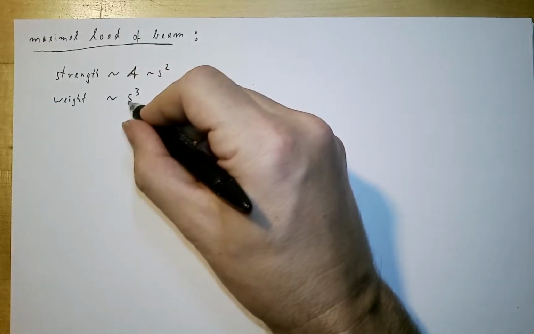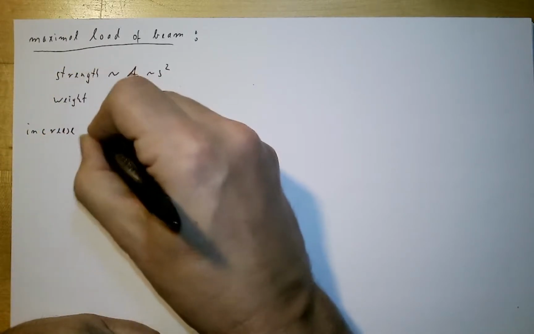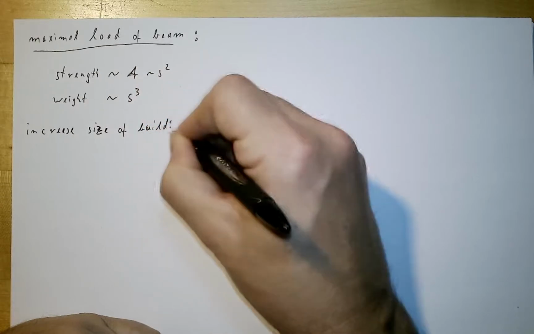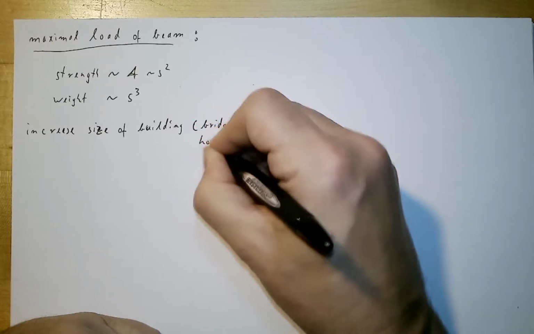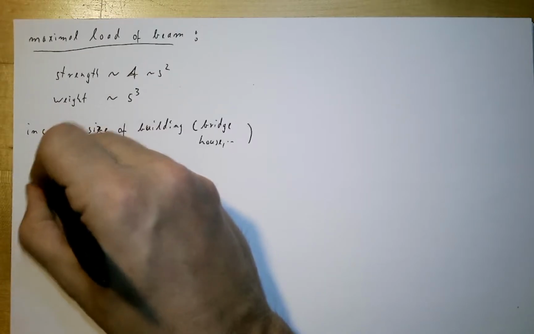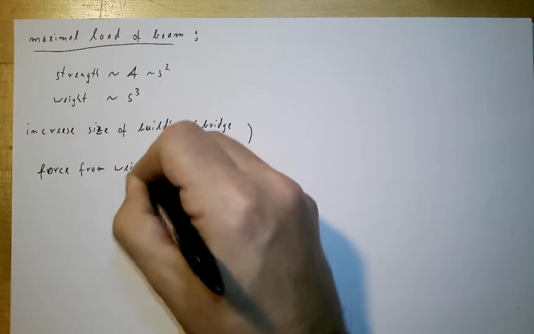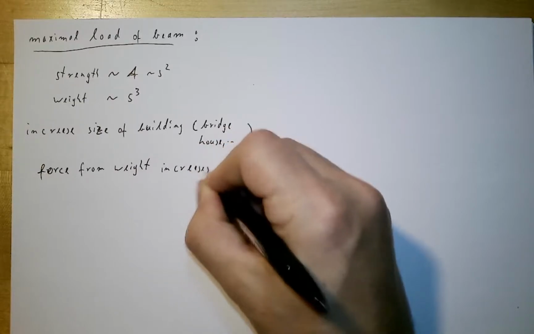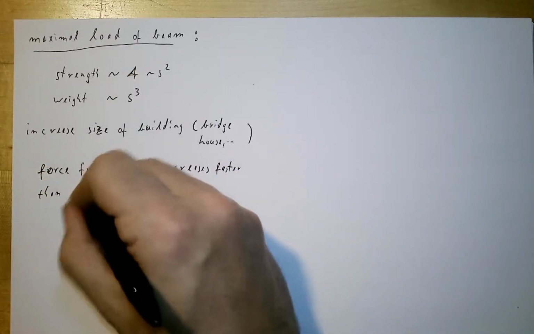And this means if we increase the size of such an object, a building, which could be a bridge or a house or something, then the force from weight increases faster than the strength.